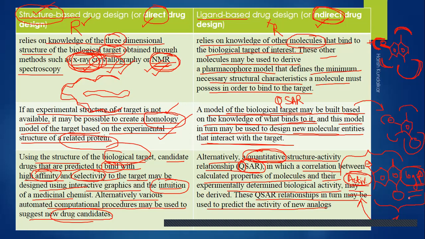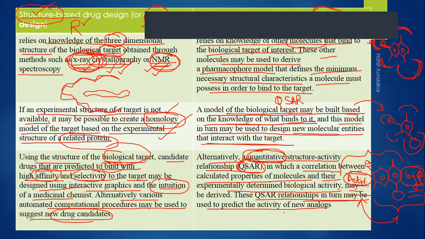This way we will produce newer designed molecules, and using this hypothesis, we'll be able to predict what will be the activity of those newly designed molecules. Okay, so that is what we have written over here. So these QSAR relationships in turn may be used to predict the activity of the newly designed analog.